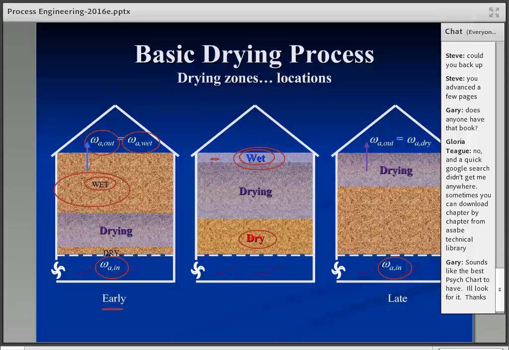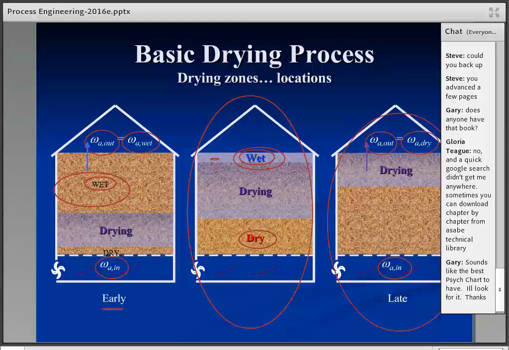I drew an intermediate step here where there's still just a little bit of fully wet material at the top. But as you can see, it's about to disappear. And so later in the process, as things are drying, the material at the top is not completely wet. It's partially dried. And when you get to the very end of the process, that becomes equal to the humidity ratio for dry condition.